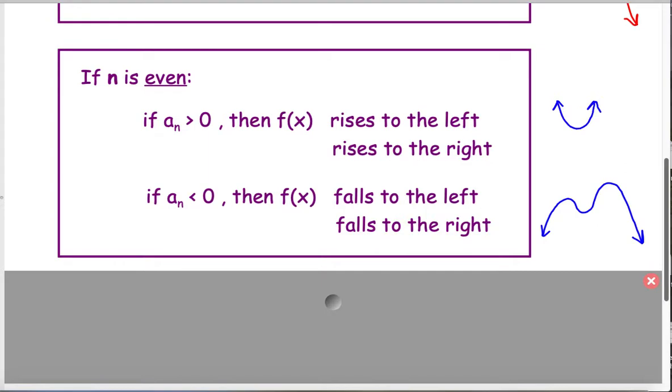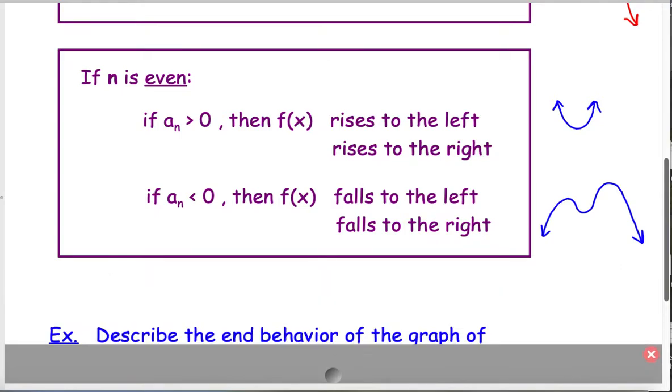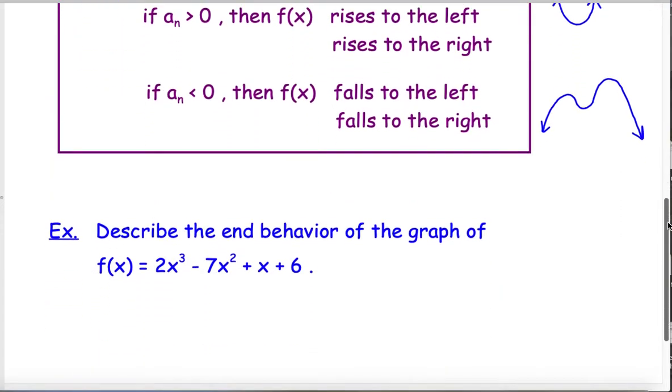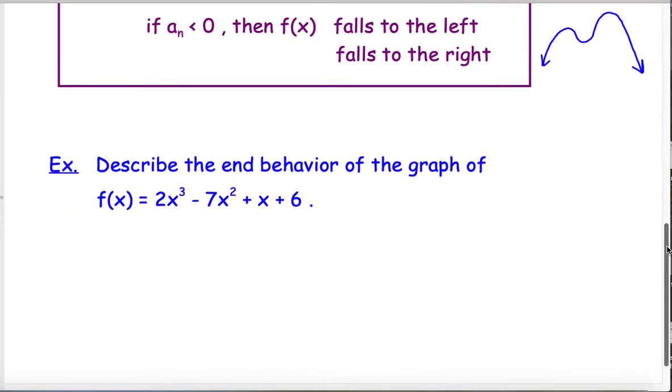All right, let's look at an example just to make sure you understand this, because it really is a pretty easy concept, although with all the writing and words, it seems like it's more complicated. Describe the end behavior of the graph. Well, first of all, let's identify: it's an odd power. So the highest degree is an odd number. Then we look at the leading coefficient, and that's a positive value.